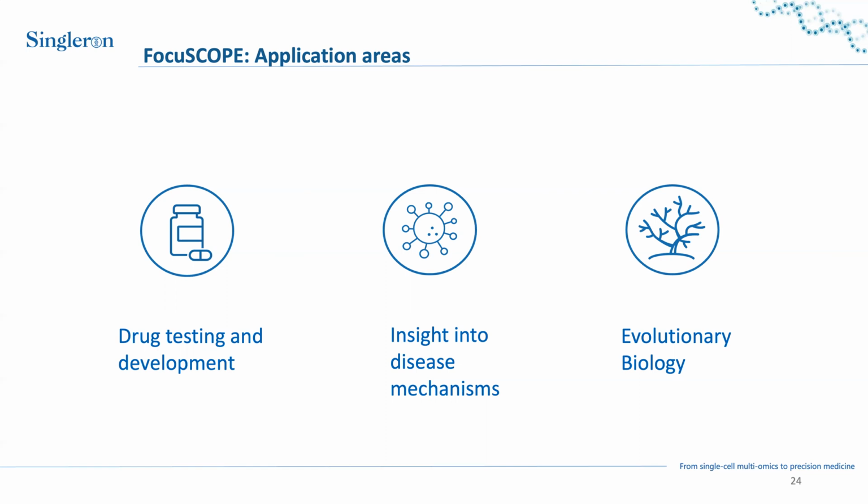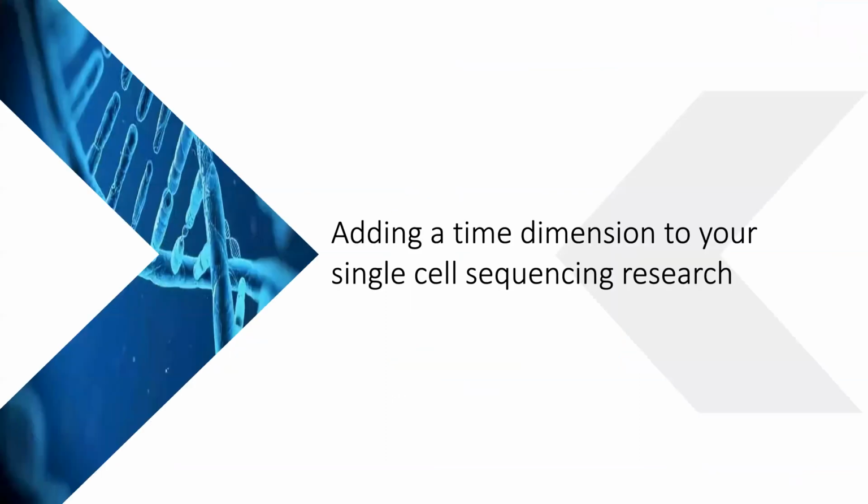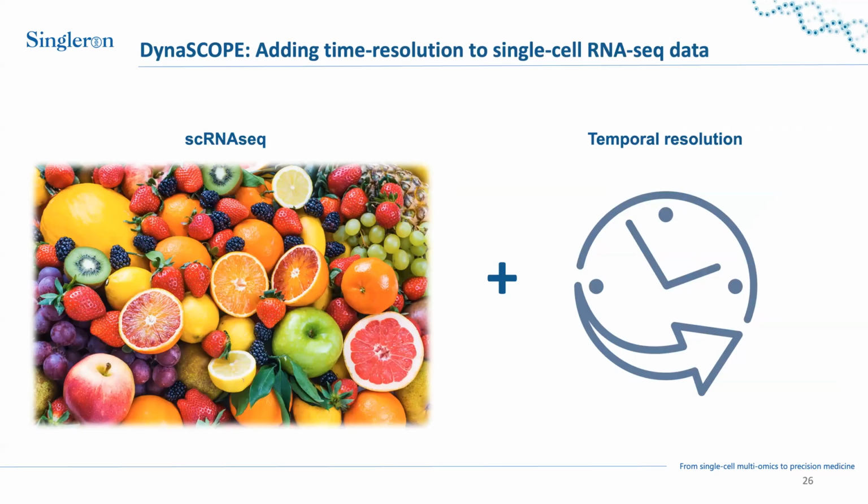So next, I will go to DynaSCOPE and how this can be used to add a time dimension to your single cell sequencing research. So again, I brought the fruit salad.